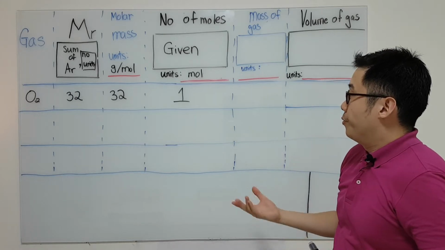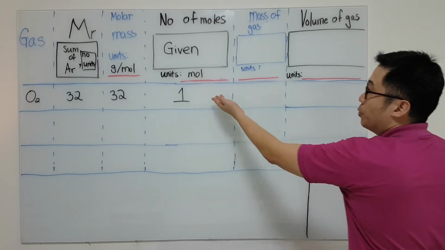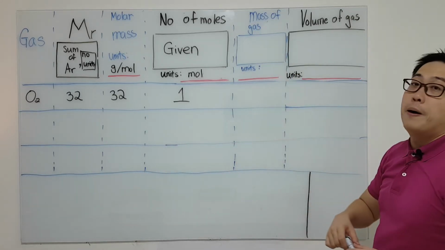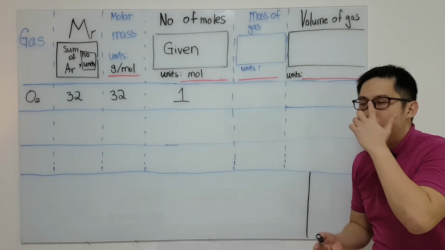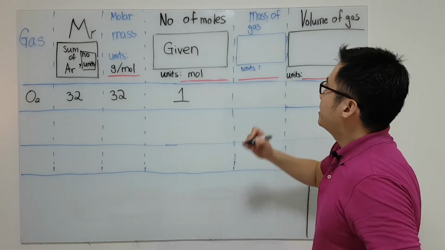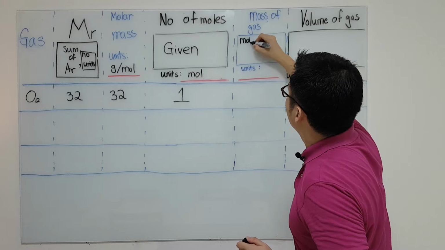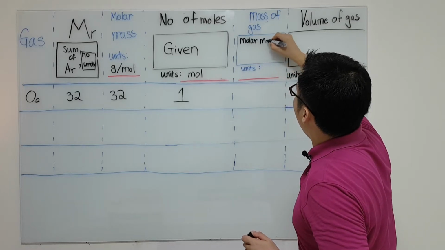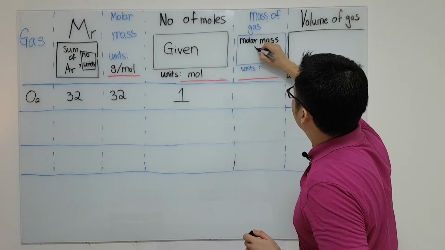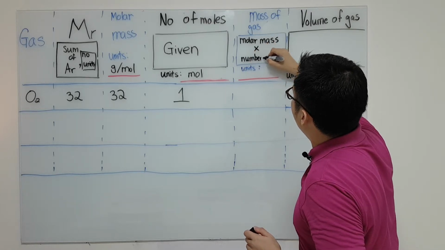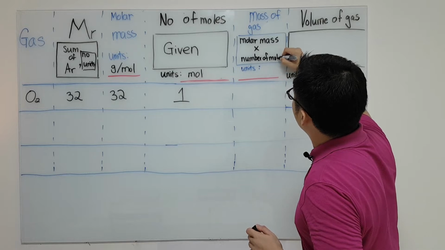Now, if we have the moles and we have the molar mass, we can find the mass of the gas. The mass of the gas is simply found by taking the molar mass and multiplying it with the number of moles.